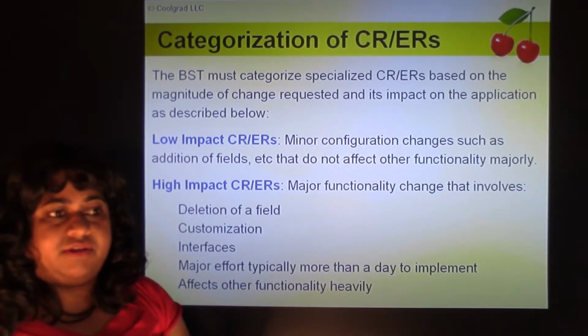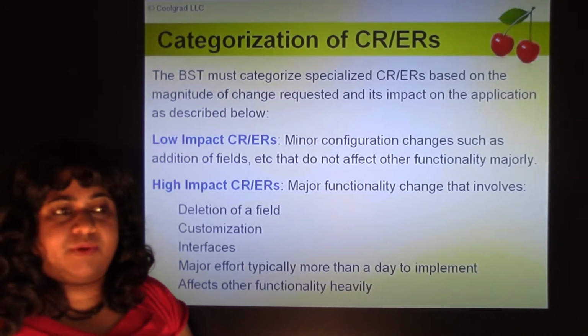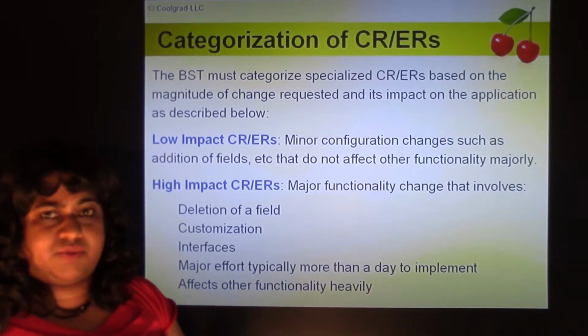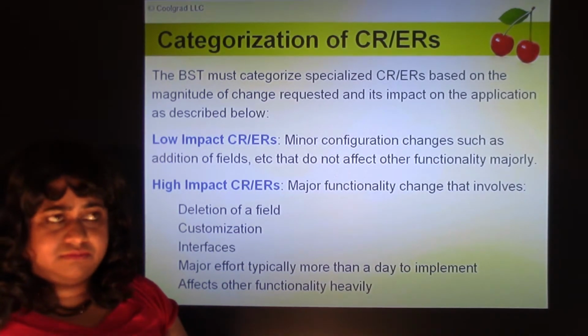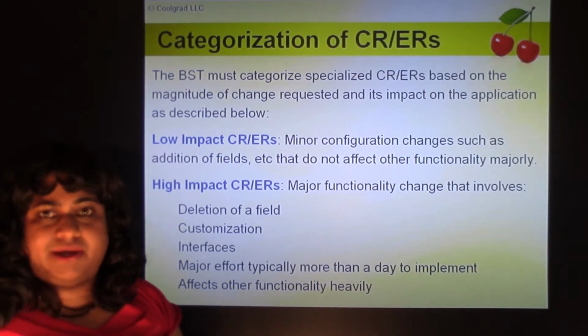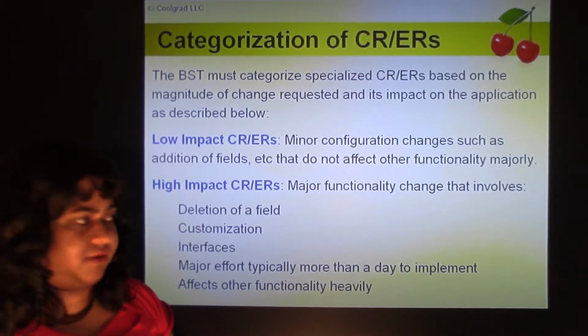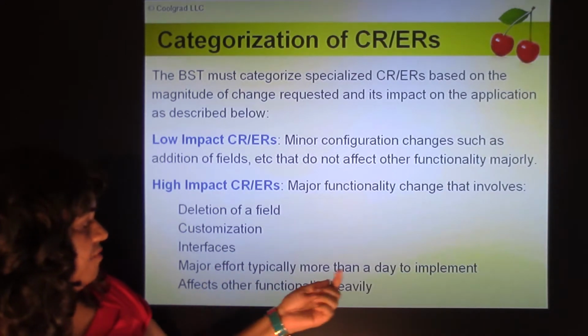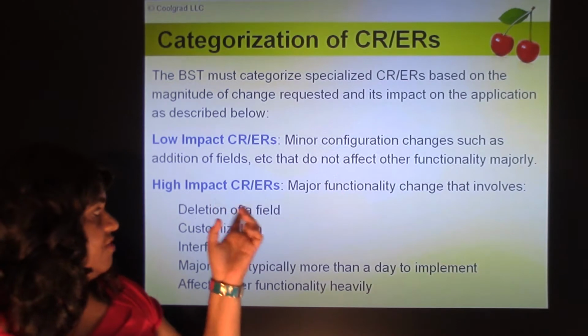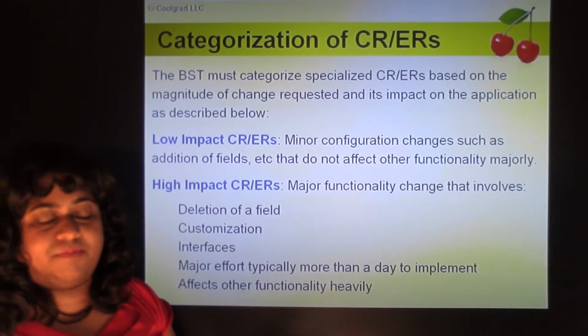So, there are interfaces between various systems, say between Salesforce and SAP, or SAP and Lotus Notes. There's all these interfaces between these systems. If the change request is related to an interface, then you'd want to probably run it by the business owner before you approve or reject it. Major effort typically involves more than a day to implement and affects other functionality heavily. So that's how you classify CRs into high impact and low impact CRs.